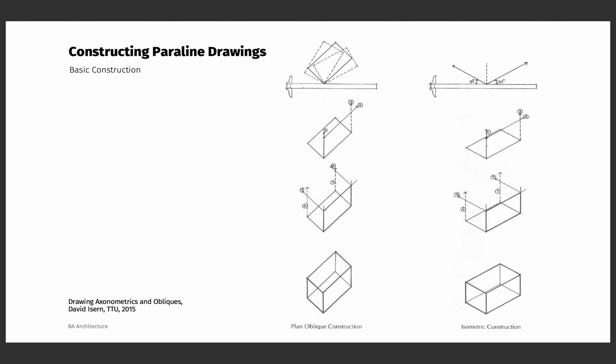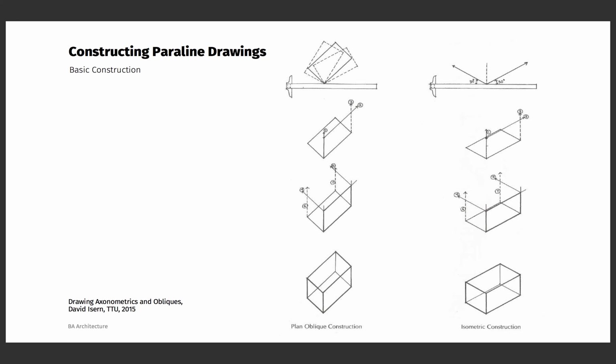Okay, and now these are some ways in which you can construct these kinds of drawings. This is an example from a teacher called David Isern, and there's a link to a presentation of his at the end of this presentation. And you can see that the two forms of axonometric based on the horizontal plane are drawn here.